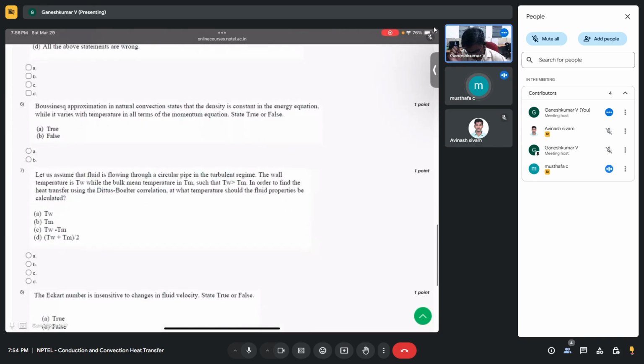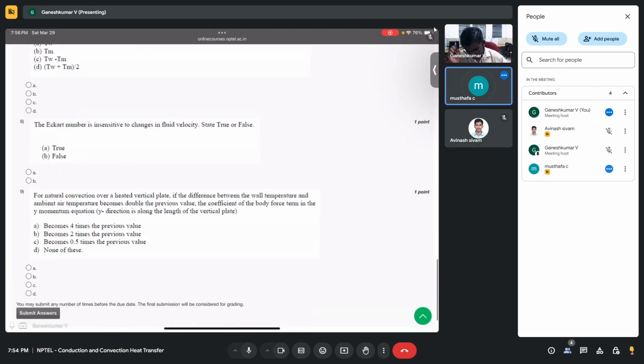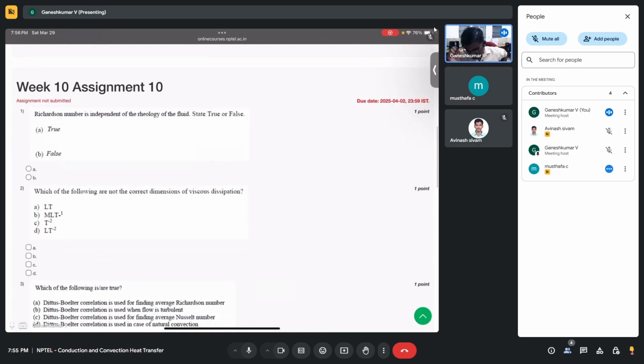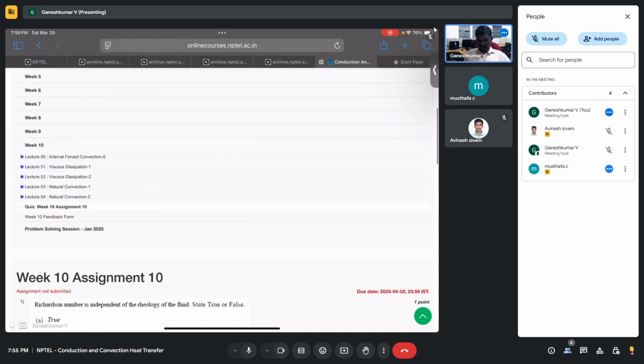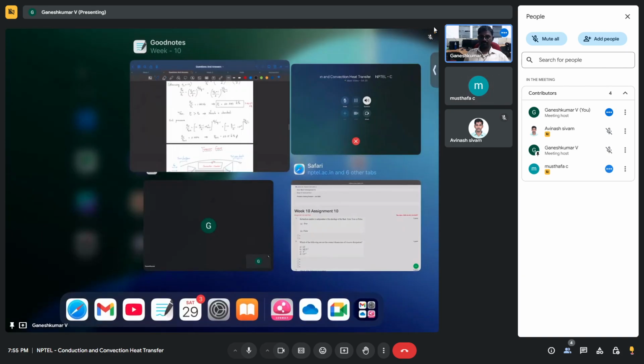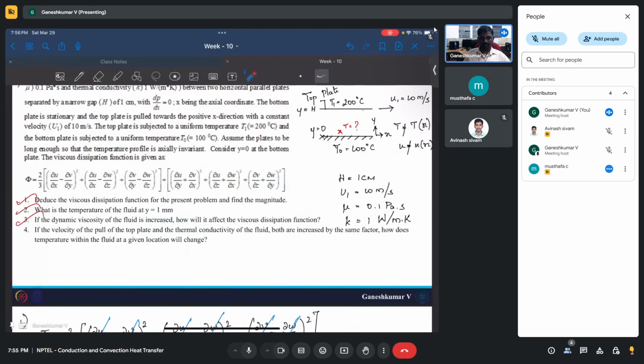So this one is actually the first question: the Richardson number is independent of the rheology of the fluid. Okay. So the rheology means your viscosity basically.